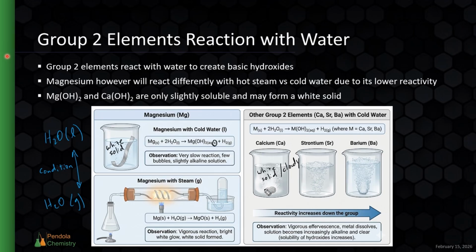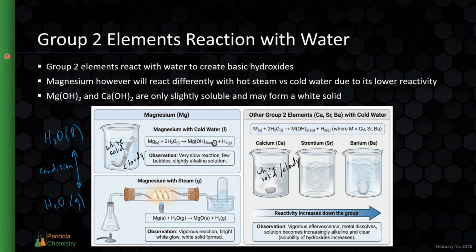Once enough calcium hydroxide is created, that calcium hydroxide being only slightly soluble in water is going to cause a cloudy look to the solution. So it will turn cloudy, or we're going to say there's a white solid being created. But that's only with magnesium and calcium.